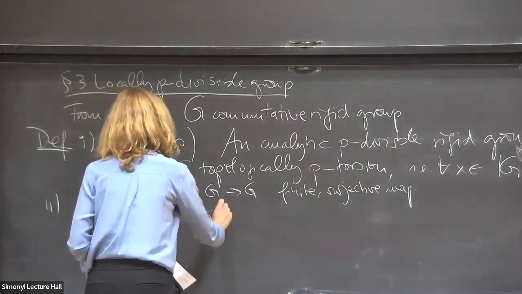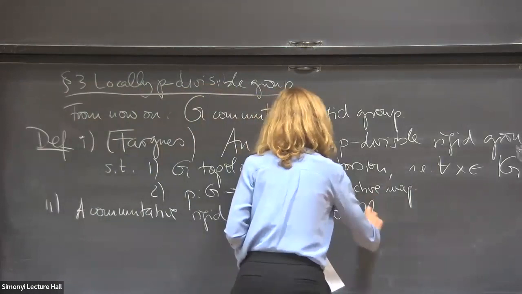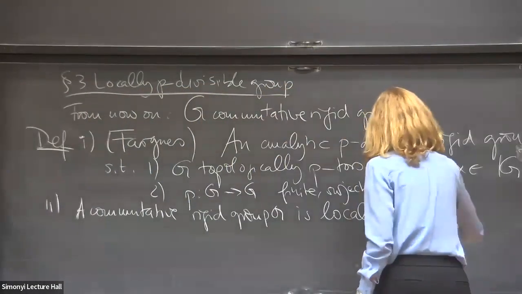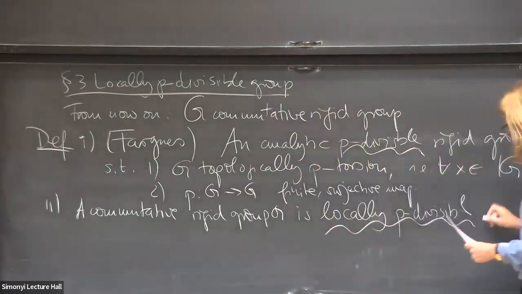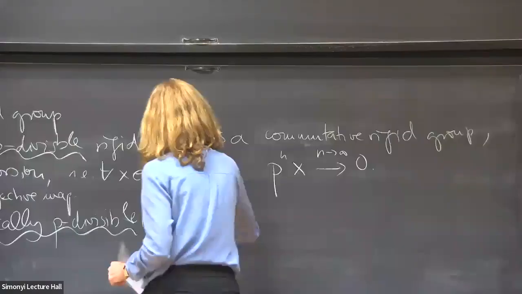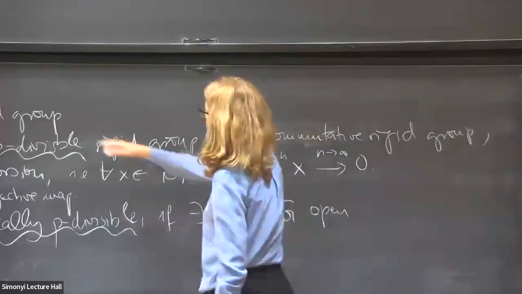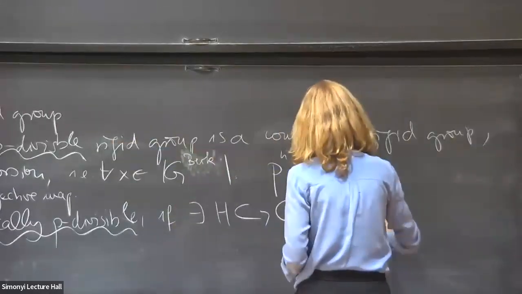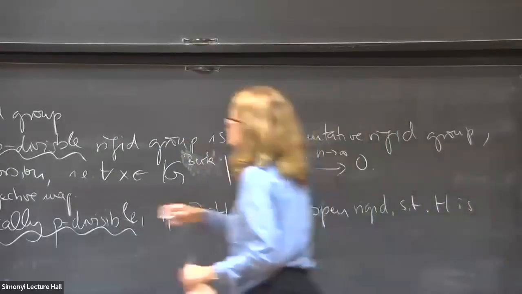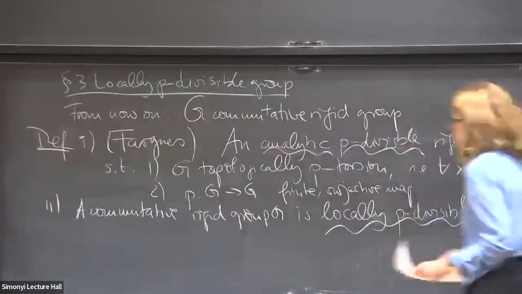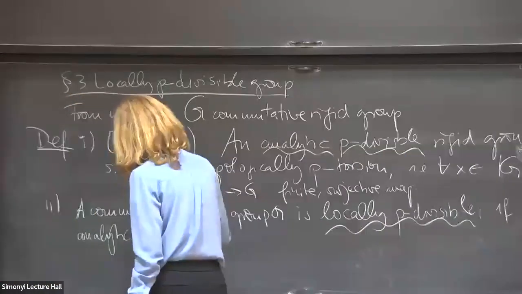A commutative rigid group G is locally p-divisible if we have an open rigid subgroup H, which is a subgroup of G, such that H is an analytic p-divisible group in Fargues's sense, analytic p-divisible in the sense of 1.